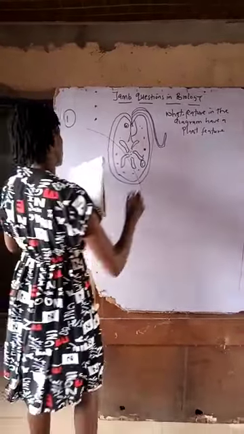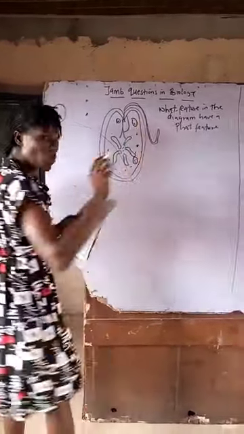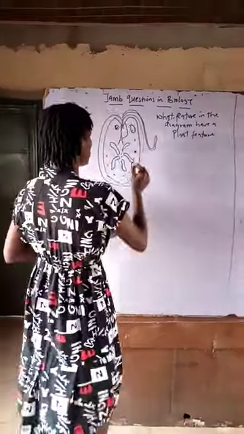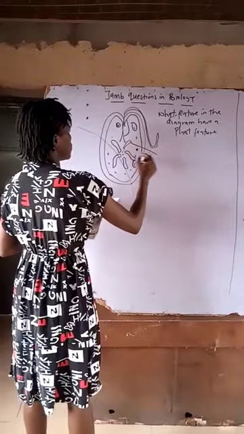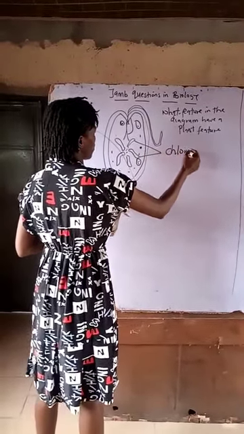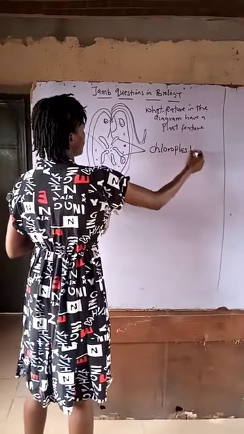Okay. Now, for your exam sake, I just want to give it to you directly. Now, this that I'm labeling here is called the chloroplast. Okay. This is the chloroplast.